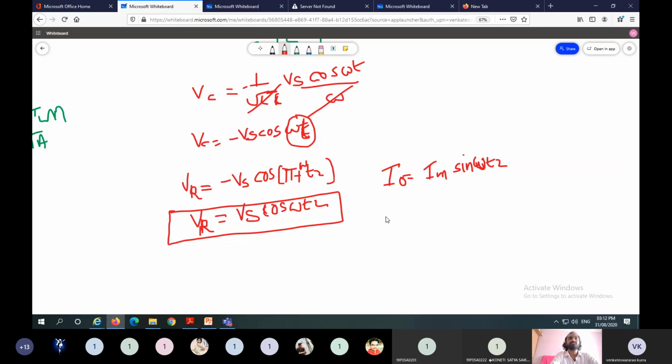So I naught by Im equal to sin omega T2, so omega T2 equal to sin inverse of I naught by Im.